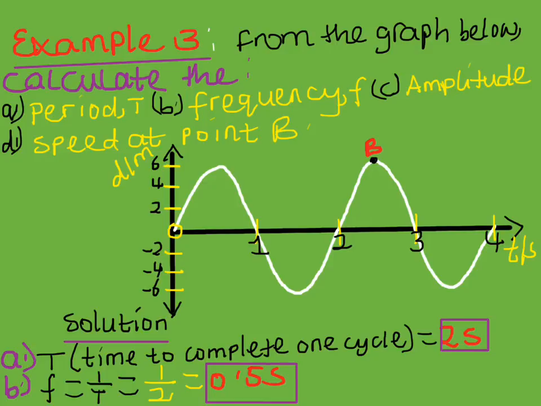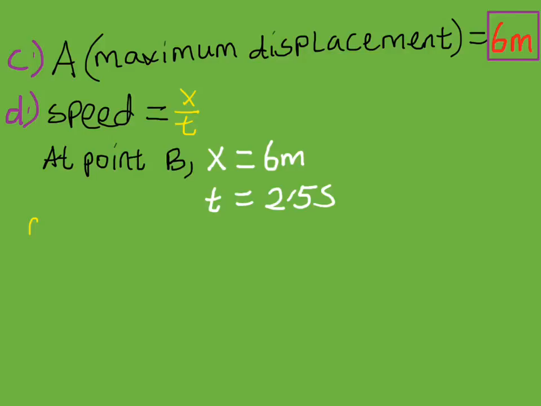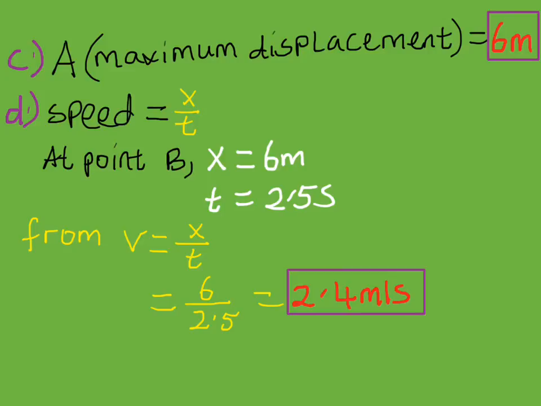You cannot use the equation f lambda equals v because you don't have the wavelength. So you're left with just one equation to use, which is v equals x over t, x being the displacement, t being the time.